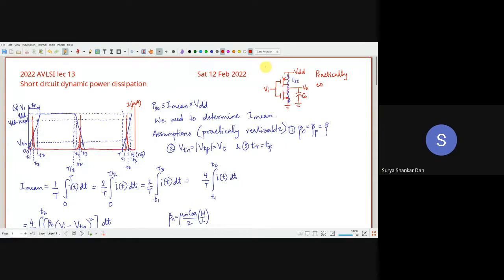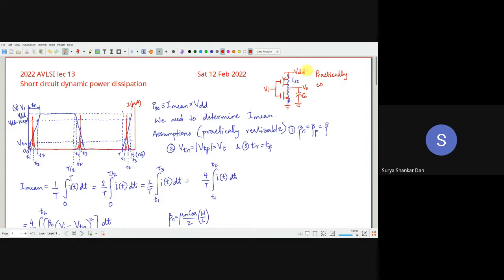Notice that in a static CMOS inverter configuration, there will be a short circuit power component which short circuits the VDD to the ground. Notice the blue curved line which I drew here. It's not going to the output capacitance. It is not leaking into the VI or anything.